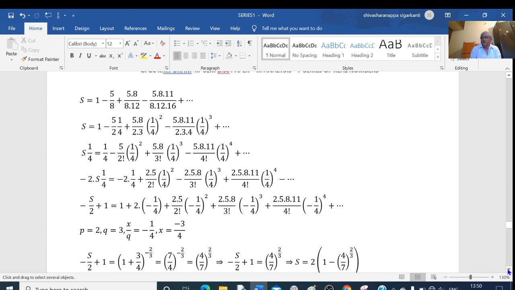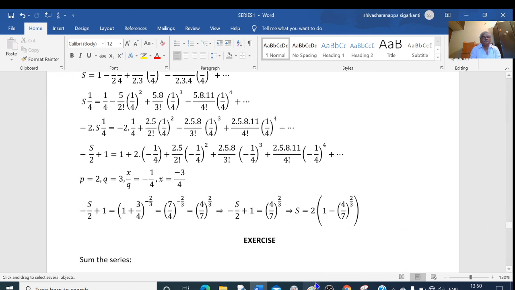Left hand side is minus s by 2 plus 1 equal to right hand side, 1 minus x to the power of minus p by q. 1 minus of minus is plus, x by q is 3 by 4. 1 plus 3 by 4 to the power of minus p by q, p equal to 2, q equal to 3. So this is 4 plus 3, 7 by 4 to the power of minus 2 by 3, or 4 by 7 to the power of 2 by 3.